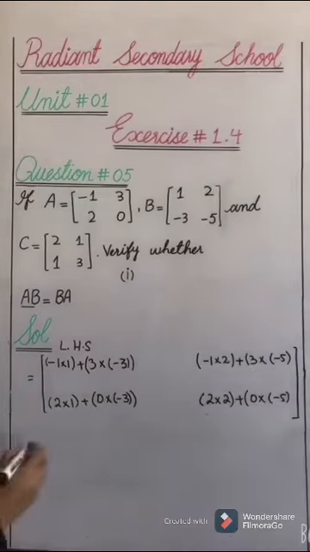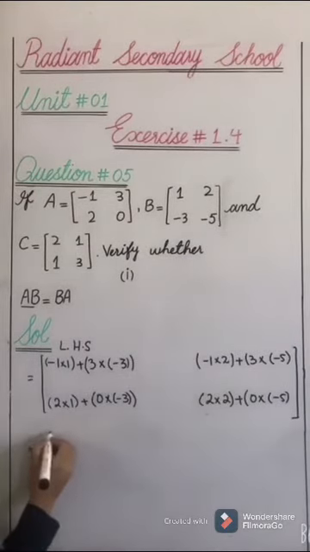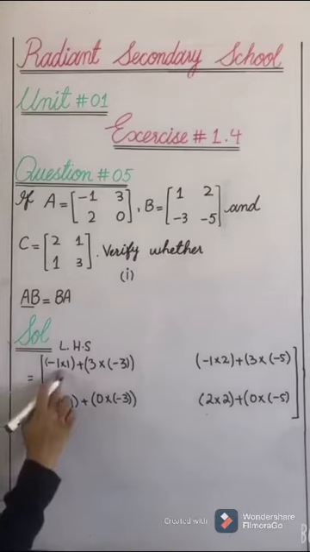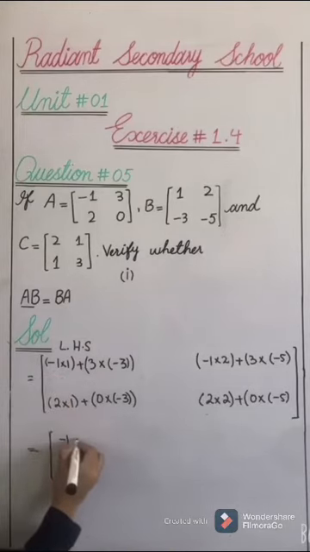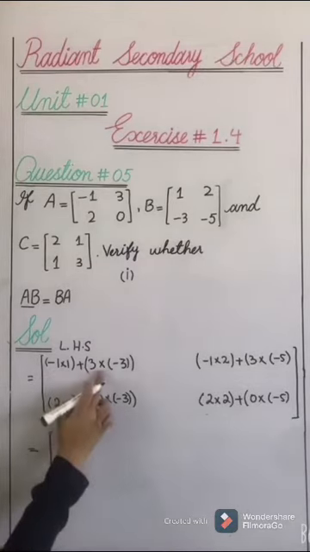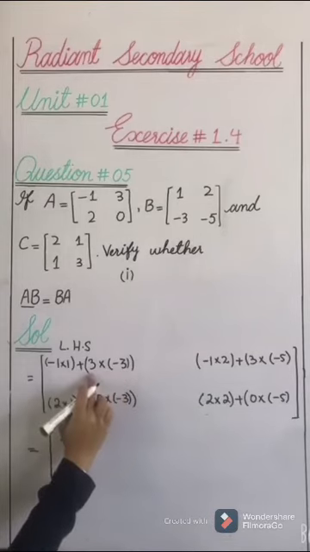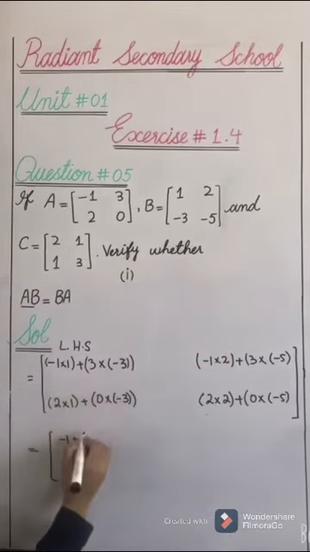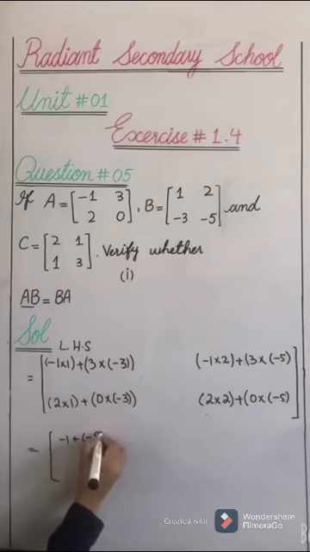Starting, we have -1 multiplied by 1 equal to -1 plus 3 multiplied by -3. 3 multiplied by 3 is equal to 9, and we will have a minus sign, so we will have -9.